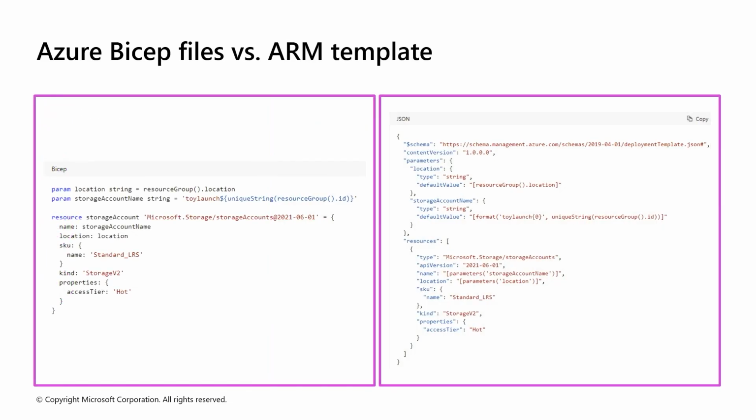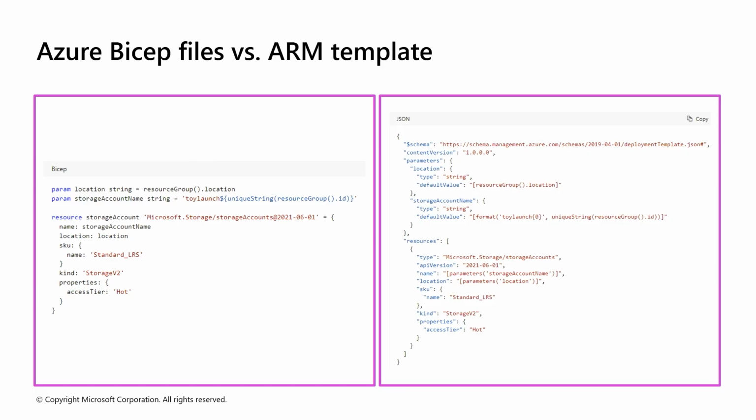Now we see a side-by-side comparison of the same deployment logic. The Bicep file on the left showcases a clean, concise syntax for defining parameters and resources, making it significantly easier to read and write than the verbose ARM template shown on the right. Bicep simplifies infrastructure as code, as you can see, by offering continuous full support for all Azure resource types and API versions, allowing developers to use new features immediately without waiting for tooling updates.